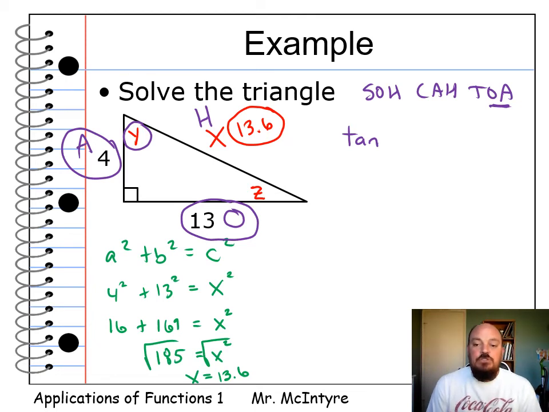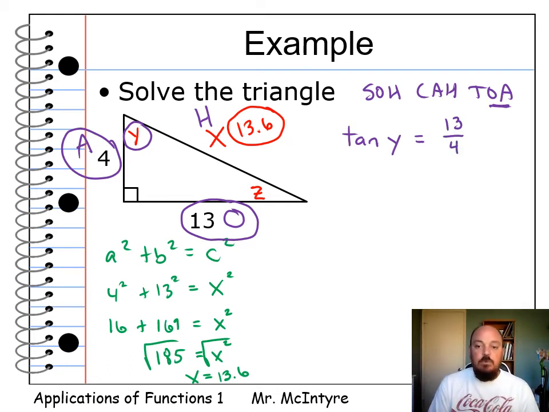Now, remember, once you choose sine, cosine, or tangent, after that comes the angle. And the angle, remember, I circled it just to make sure I'd remember. The angle I'm talking about in this question is y. Now, what it equals, now you go back to SOHCAHTOA, OA means opposite over adjacent. That would be 13 over 4.